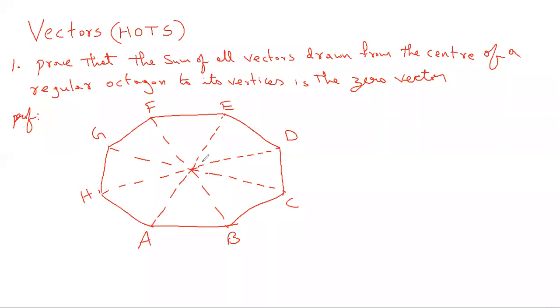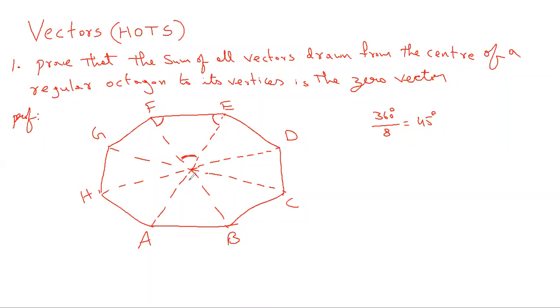Because it's a regular polygon, and this is 1, 2, 3, 4, 1, 2, 3, 4, a total of 8 angles, 360 divided by 8. Whatever angle you get, irrespective of that, these two angles will be the same and these two sides will be the same, because it's a regular polygon.